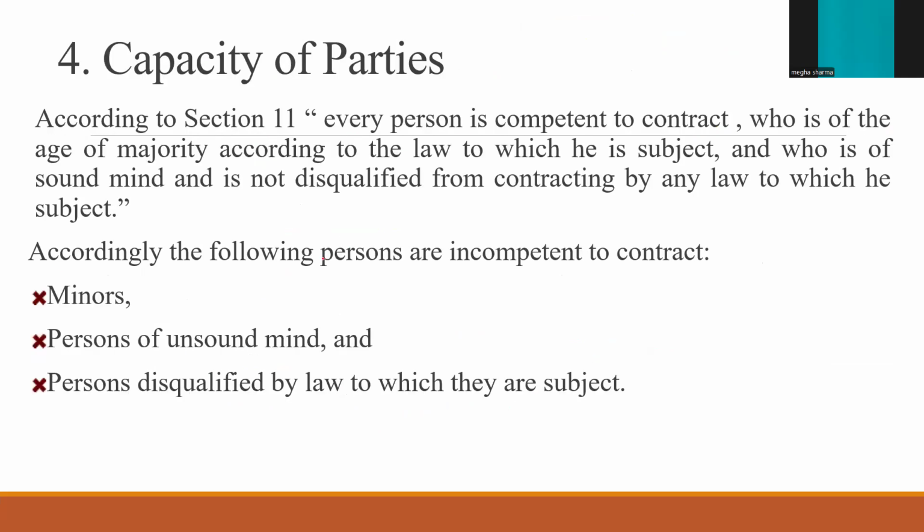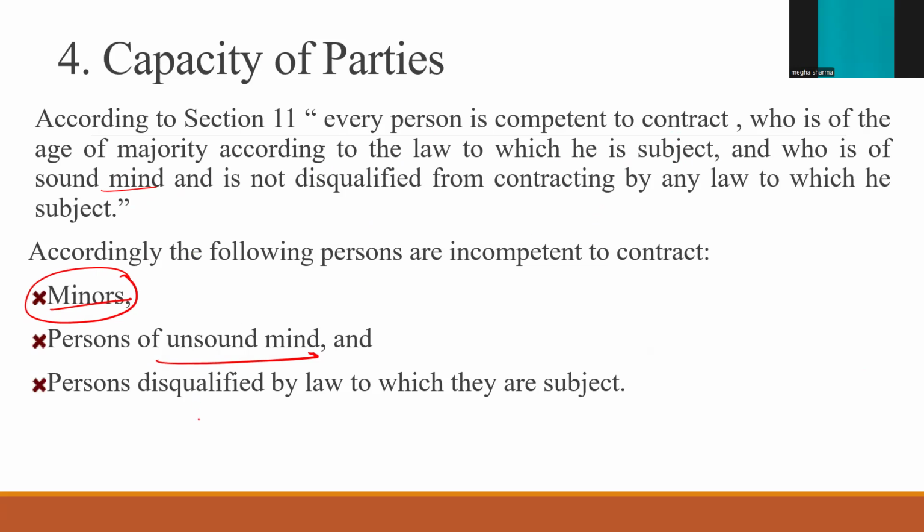The fourth important parameter essential for a valid contract is the capacity of parties. According to Section 11, every person is competent to contract who is of the age of majority, that is, he should not be a minor according to the law to which he is subject, and who is of sound mind, so that he can understand the contract very well, and is not disqualified from contracting by any law to which he is subject.